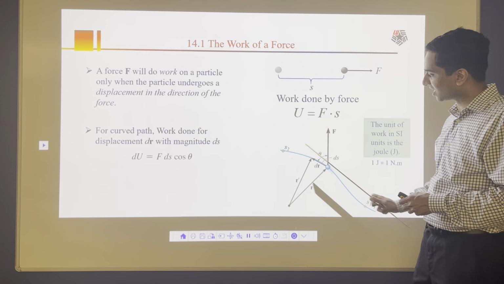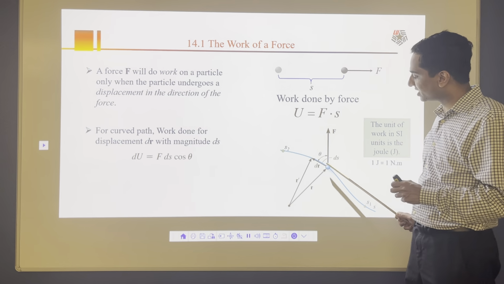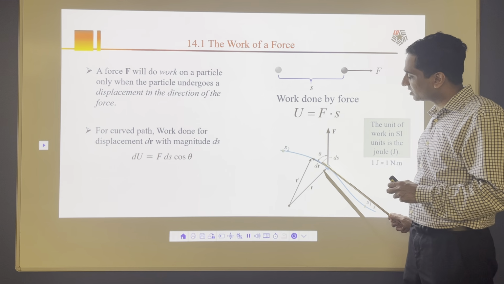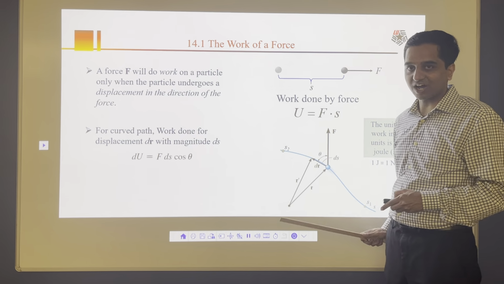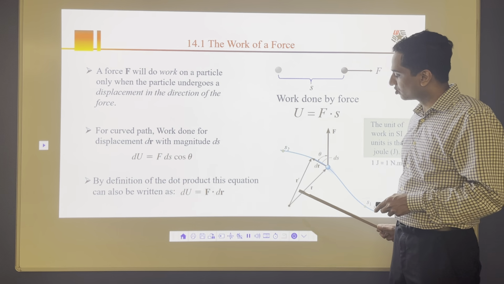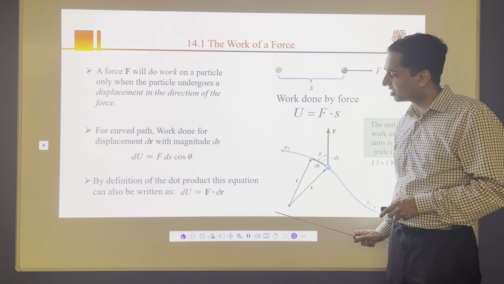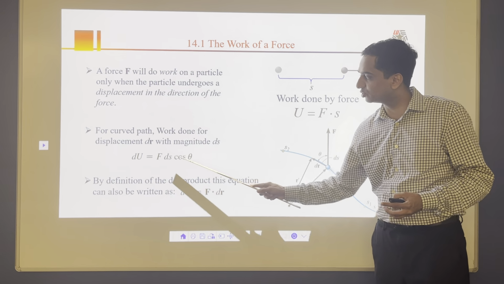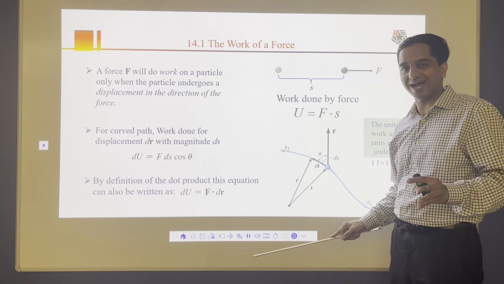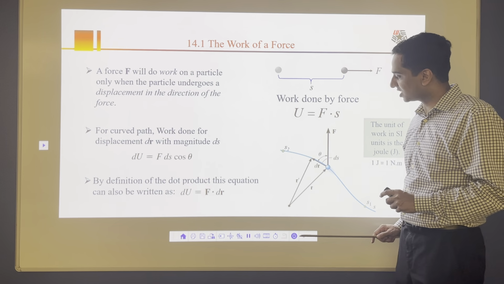If I want to know the entire thing, I take a very small element, and work done on that small element, dU, is F ds cos theta. There is another way to write it by using the position vector r: dU is equal to F dot dr. It's the same thing, force times displacement. Either way, you will get the same result.